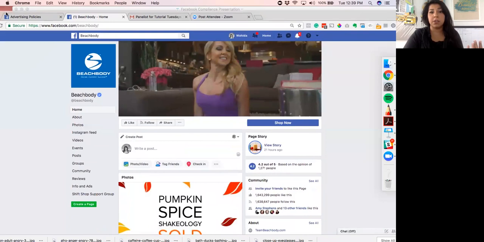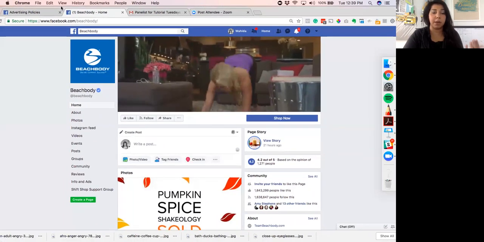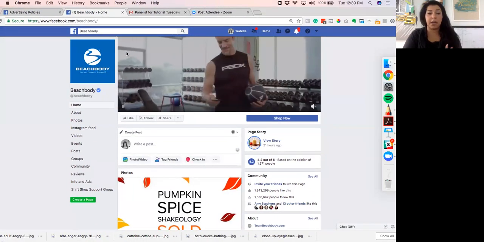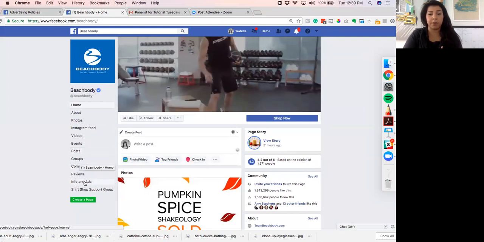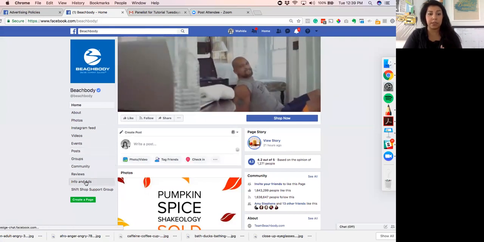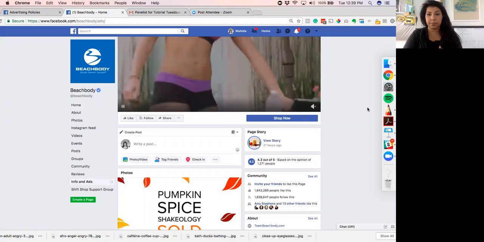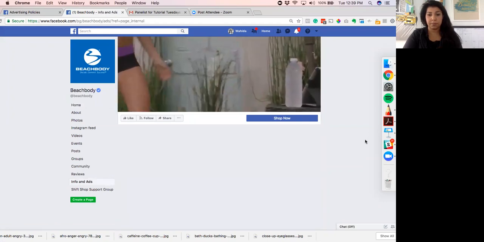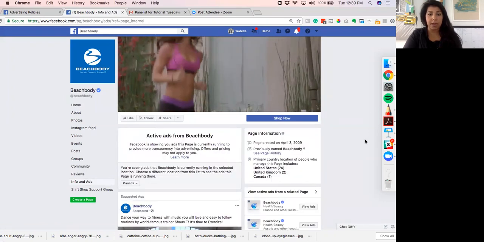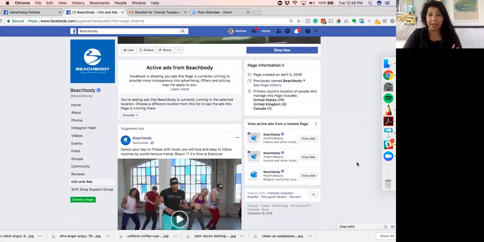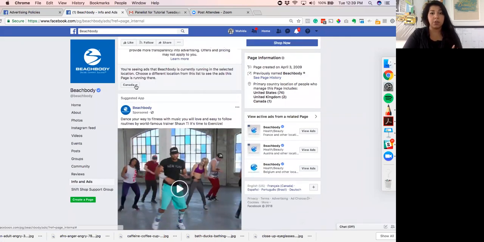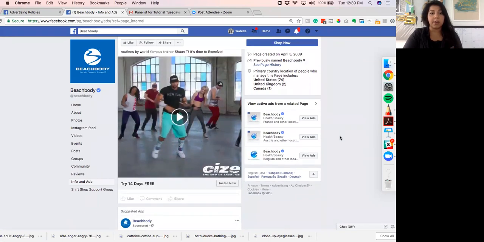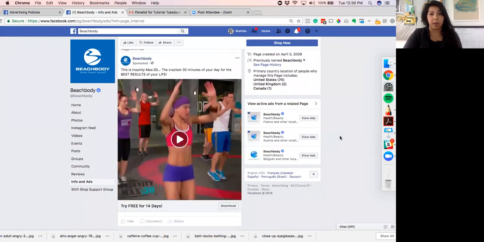If you go to any page, and I have Beachbody up right now, and you scroll down to the bottom where info and ads is, you can click on it. We'll let it load, and it's going to show you all of the active ads they have running right now. You can sort for geography, but you can scroll down and see basically everything.